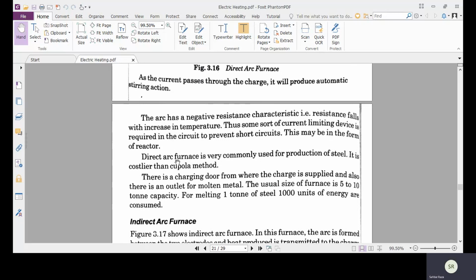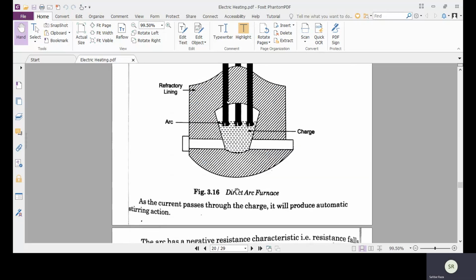Direct arc furnaces are very commonly used for production of steel. It is costlier than the cupola method. There is a charging door from where the charge is supplied, and also there is an outlet for molten metal, as I have shown.